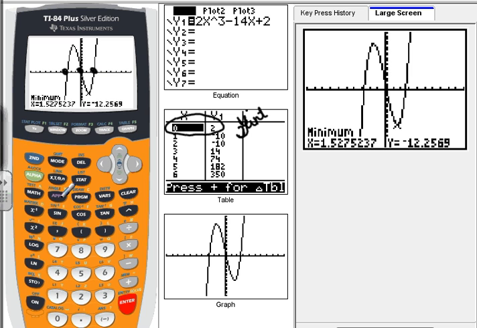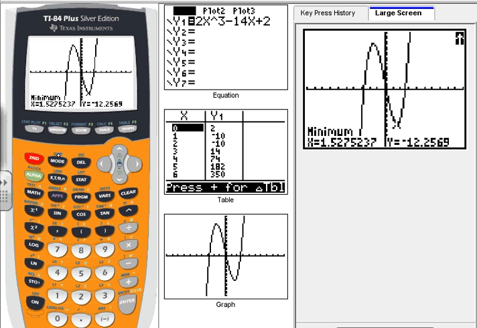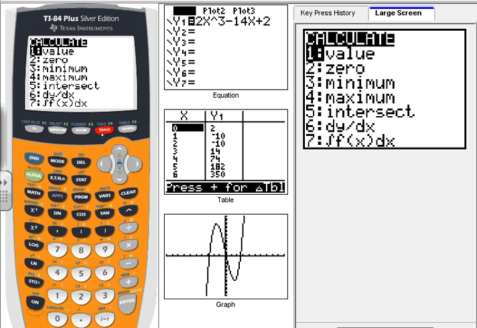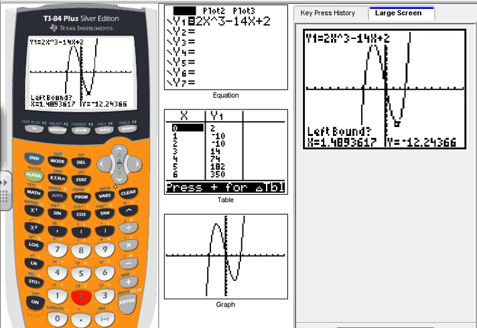This is where y is going to equal 0, but if you go to second and then calc menu option 2 is zeros. So let me show you how to find one of them, and then I think you could do the same thing on the next two.